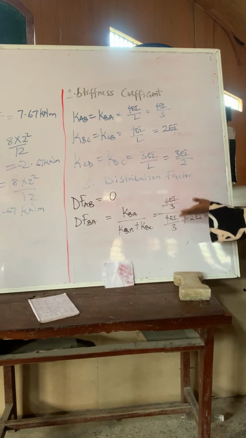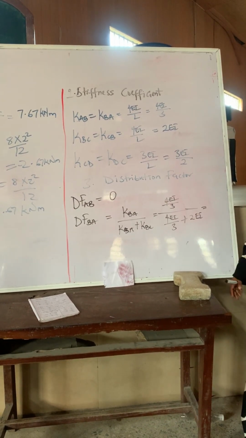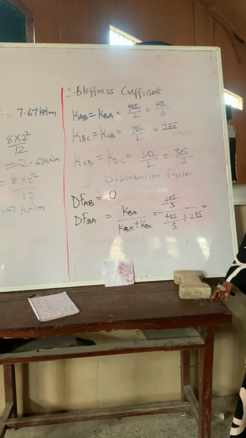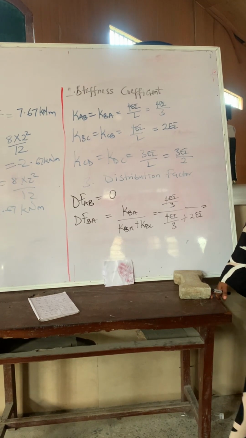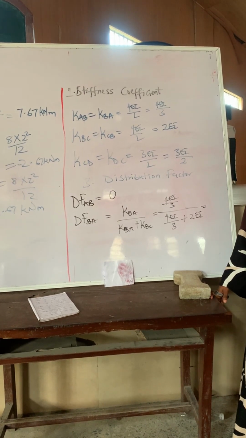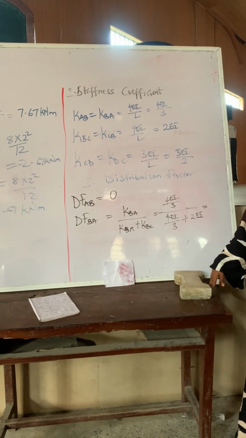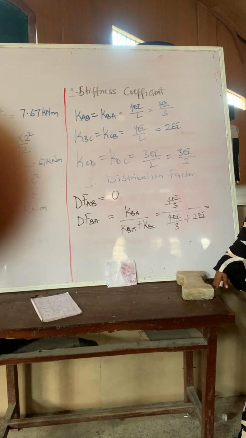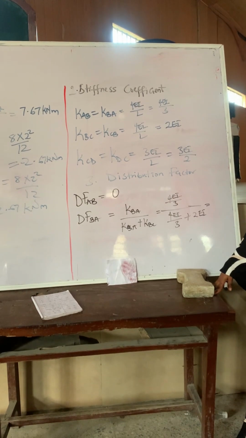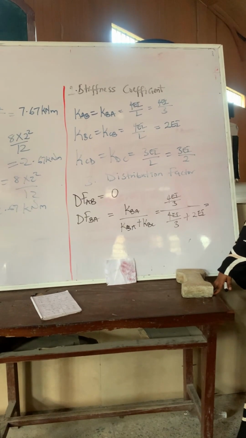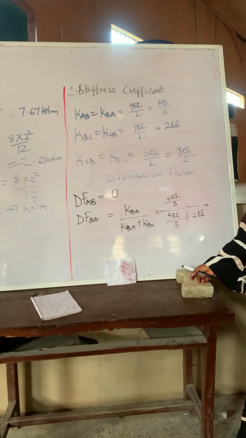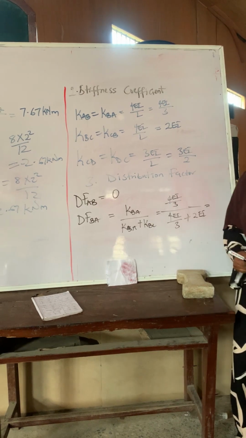So 4/3 divided by your answer. Punch your calculator. Who's doing it now? 0.4 at least.